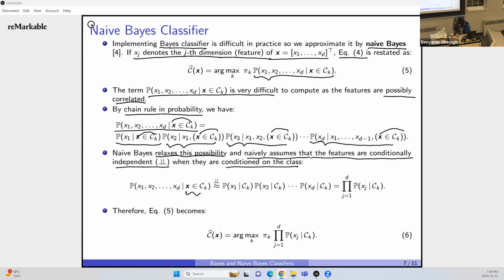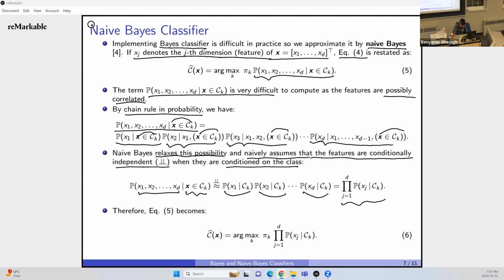So this joint distribution becomes a bunch of conditional probabilities, where x1 given c is independent of x2 given c until xd given c, right? As a result, I can write it as the multiplication of xj given c, where the multiplication goes from j equals 1 to d. I have d features, right?